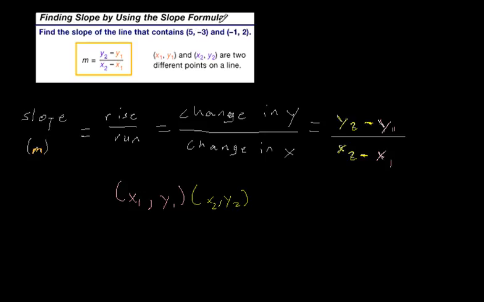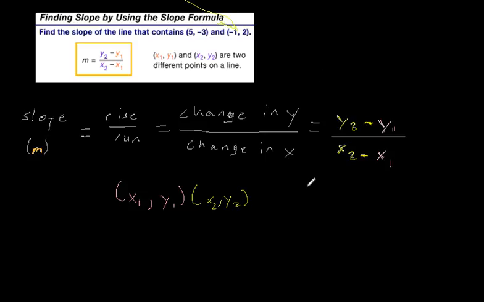So we're going to look at the points 5, comma, -3 and -1, comma, 2. Looking at these points, you say, hey, what do you actually do? Well, first take 2 and subtract, because I'm looking at y2.